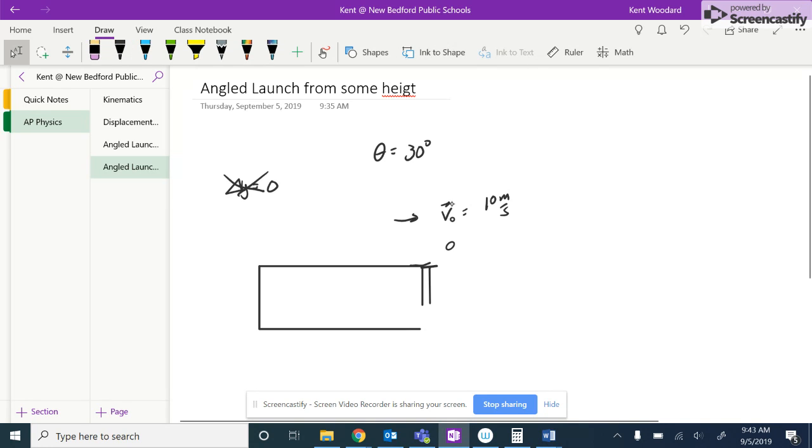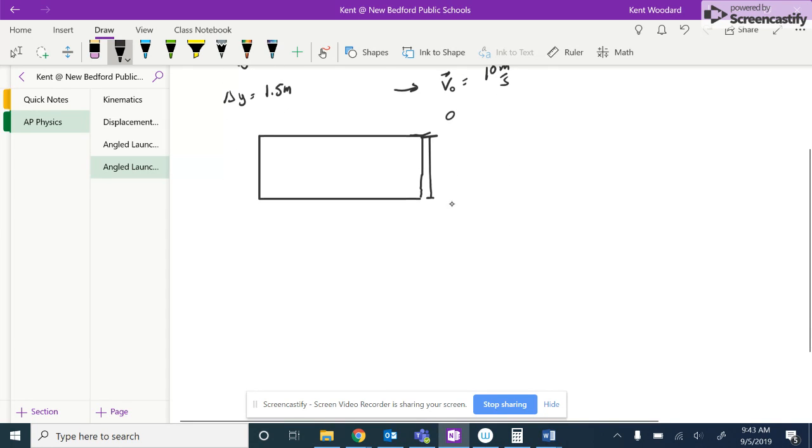Yep. It's going down by some height, delta y. Let's assume a delta y here equal to 1.5 meters. Okay, and it's launched at an angle of 30 degrees. So it's going to end up going down 1.5 meters. All right.